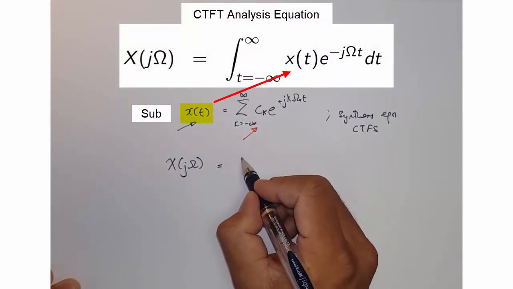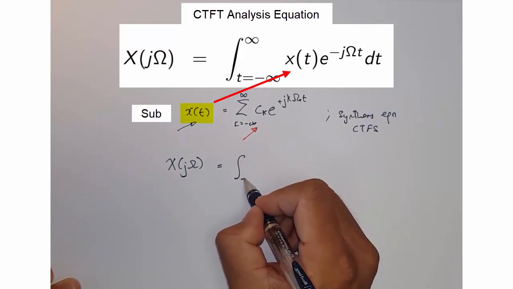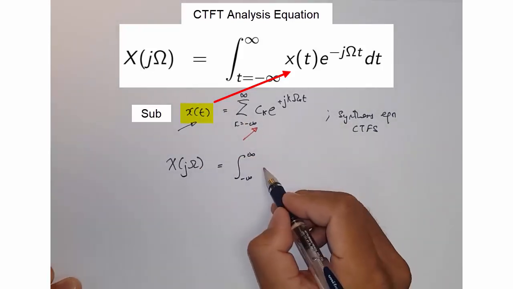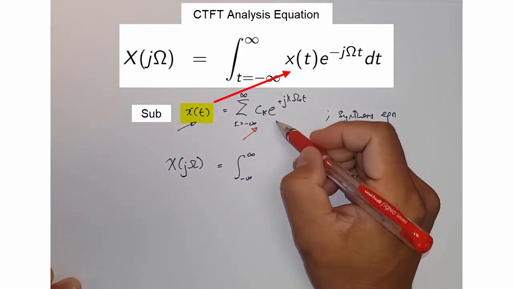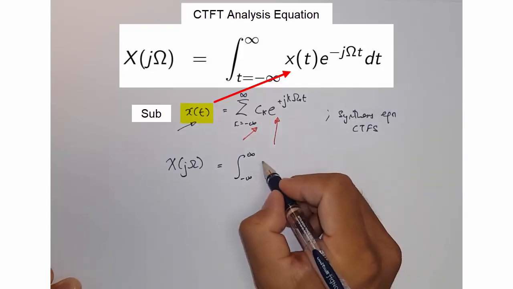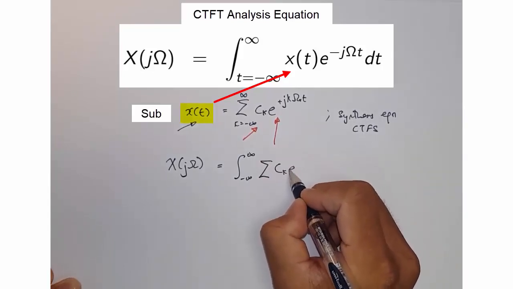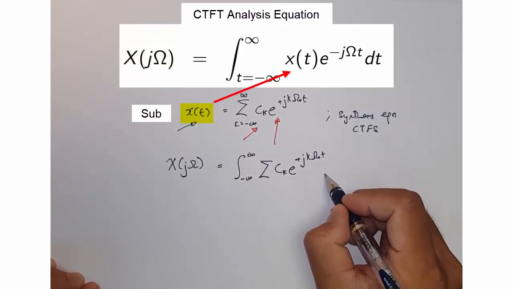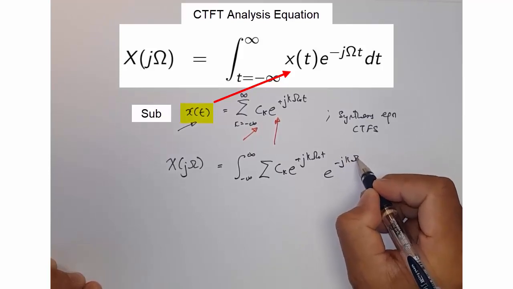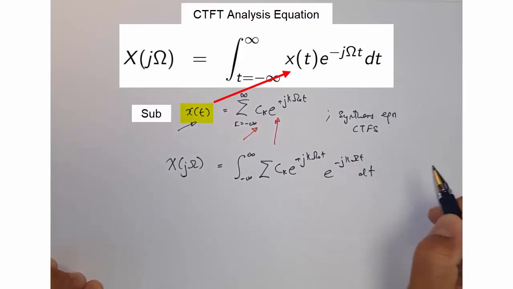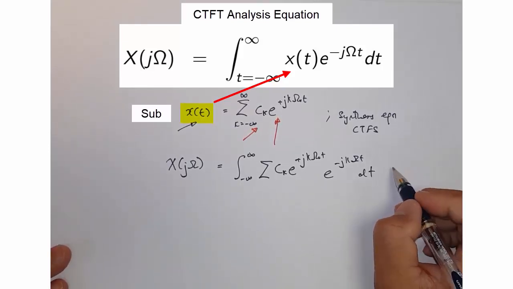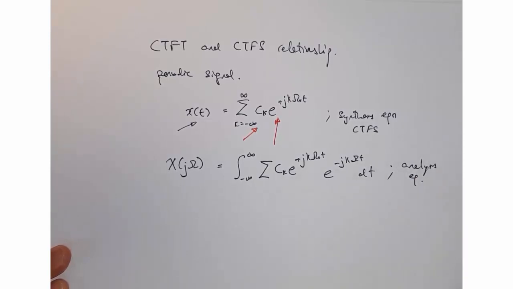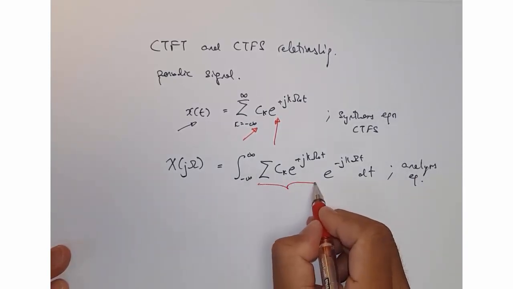Basically, we first write the continuous time Fourier transform equation, the analysis equation, which is the integral from minus infinity to infinity, and we place x of t here with the representation on top. We have not changed any equations at all. This remains the analysis equation, except being applied to this representation.